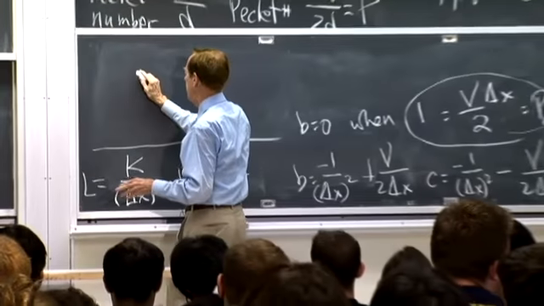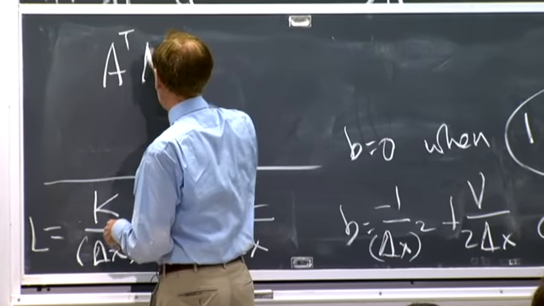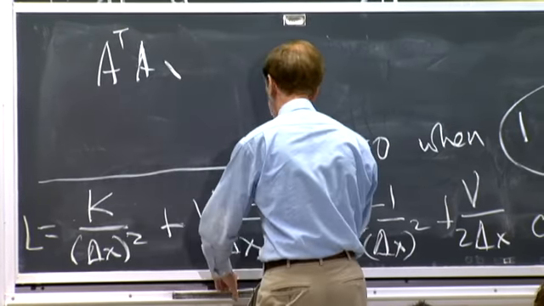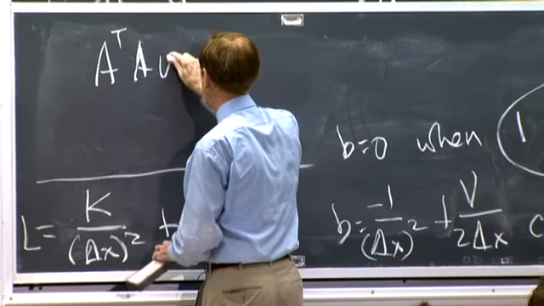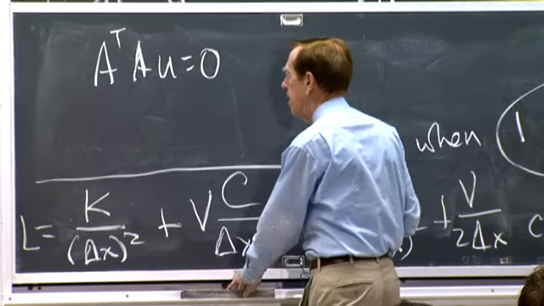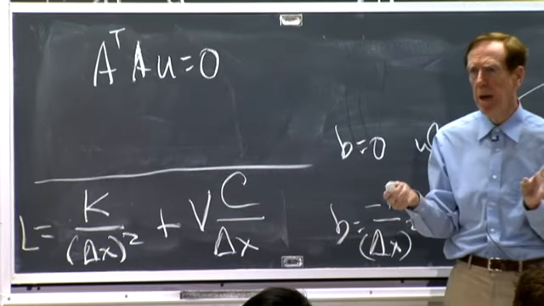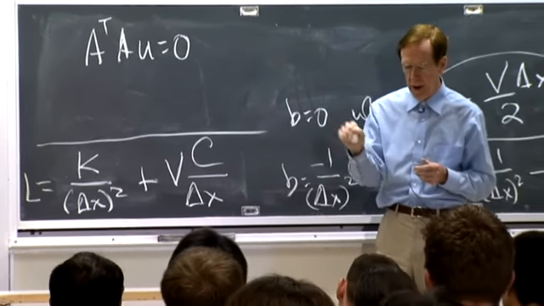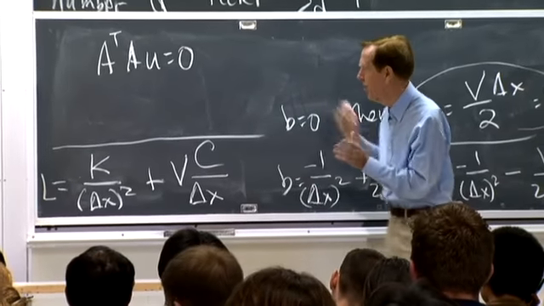So if it's not invertible, if some A transpose A U is 0, this is always the risk that we have to check out and be sure we don't have and understand.